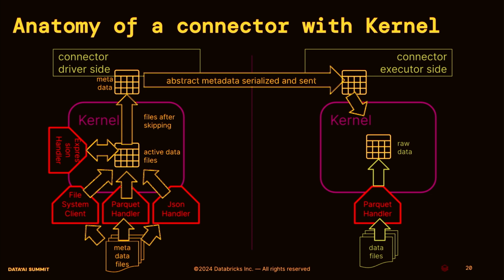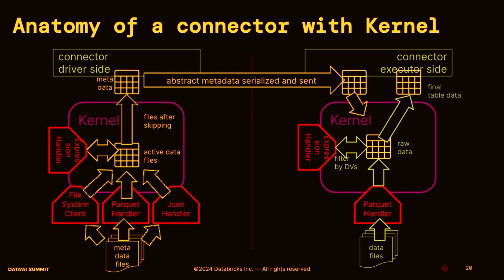And then again, the Parquet handler comes into the picture. It reads the raw data from the Parquet and gives it to the kernel. The kernel again uses the expression evaluator to do things like filtering by DVs, or there are concepts like generated columns, where at read time you automatically generate a column based on an equation, and then finally produces the final table data for the connector to use.